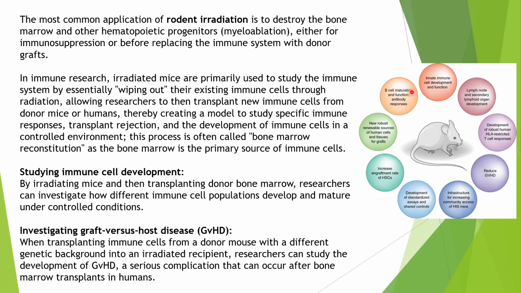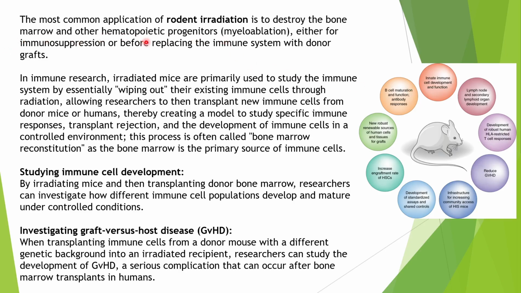All the immune cells, your different immune organs, your B cells, T cells, everything works together as a collective to prevent diseases or other things. So when you want to see how one particular thing functions, or you want to manipulate one particular part of your immune system, then you use rodent irradiation.